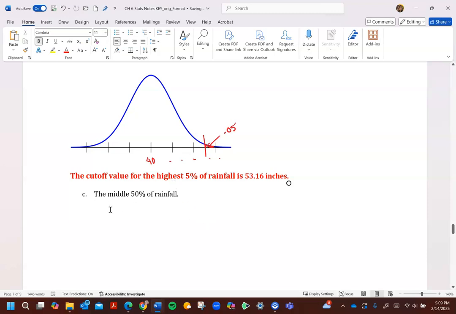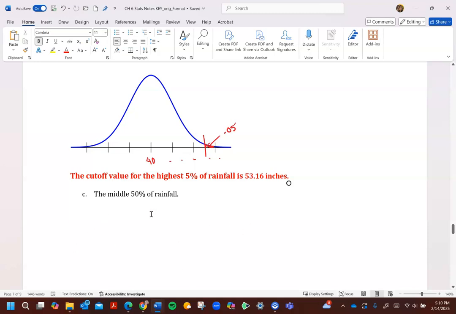So part C says the middle 50% of the rainfall. That's not saying exactly what the middle is, it's just saying that middle chunk. So the whole area being 50%, not the halfway mark, not meaning median or mode.